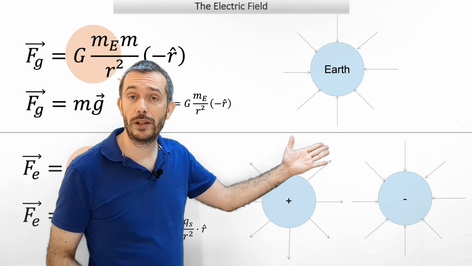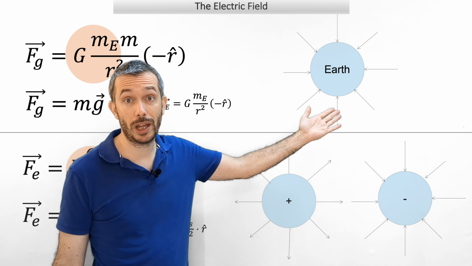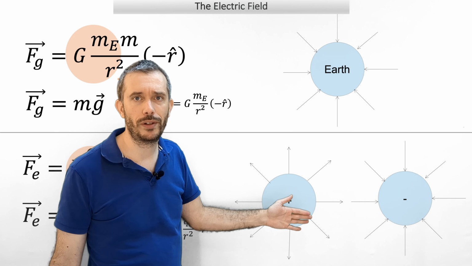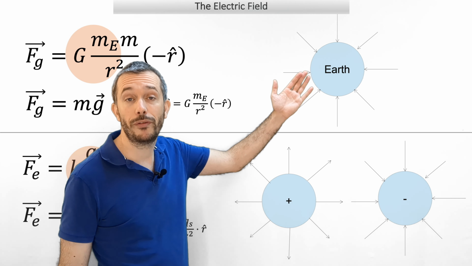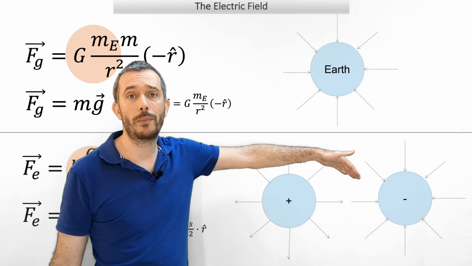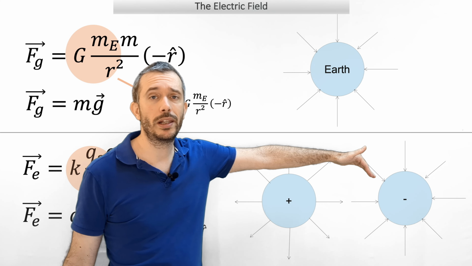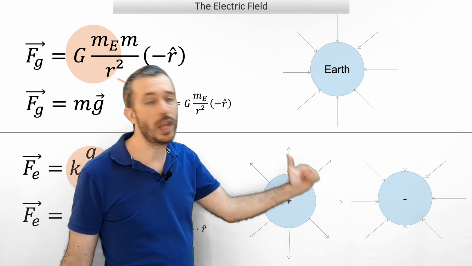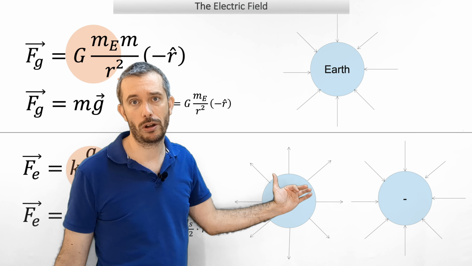And similar to g, we get a vector field. Instead of the gravitational field, we now get the electric field. Similar to the gravitational field, the electric field will point towards a point charge if that point charge is negatively charged, and the electric field will point away from a point charge if that one is positively charged.